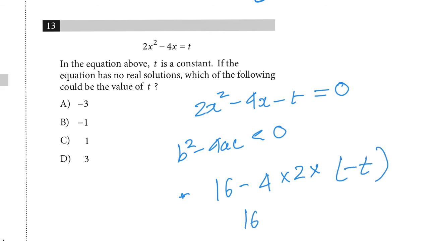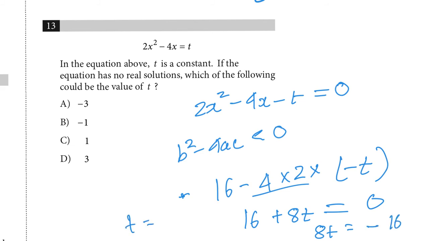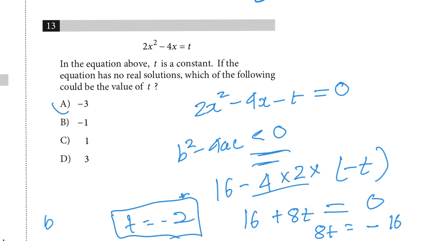So 16 plus 8t is equal to 0. So 8t is equal to minus 16. t is equal to minus 16 by 8, which is equal to minus 2. So this is when b squared minus 4ac is equal to 0. The answer is minus 2, but when it is less than 0, it's got to be less than minus 2, so the answer should be A.